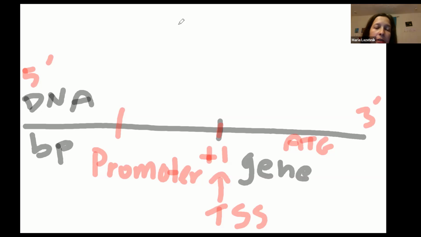And obviously base pairs cannot be negative, but in molecular biology, we just decide that everything starting from +1 is positive, and we'll say that the promoter is negative. So it's located at a negative distance away from the transcription start site.